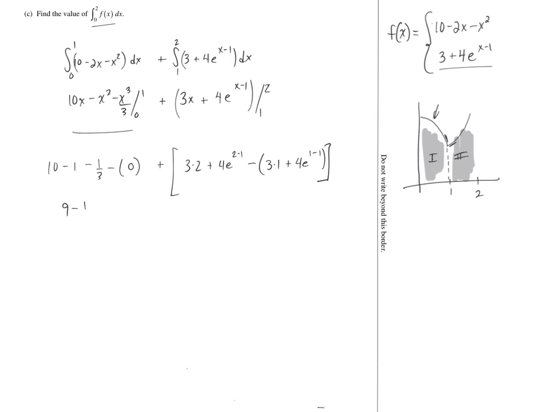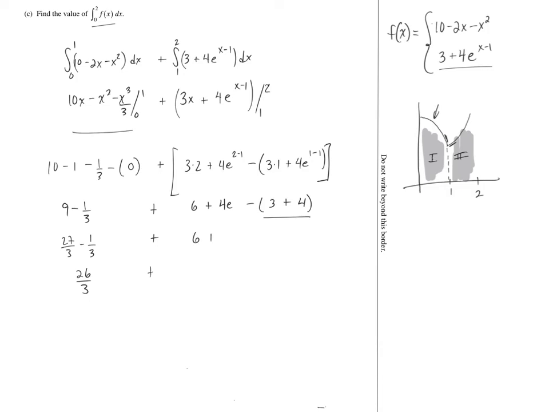So 9 minus 1/3 is 27/3 minus 1/3, which is 26/3. And then we're adding to that 6 plus 4e to the first, which is just 4e, minus 3 plus 4e to the 0, which is 4 times 1, which is 4. Notice we're subtracting that sum.